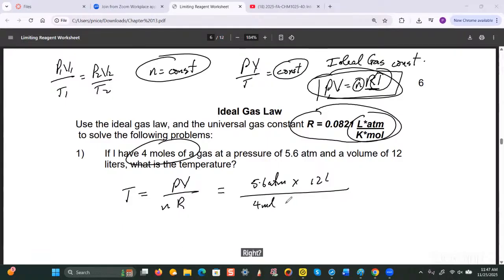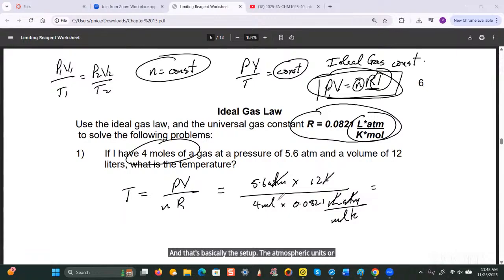Times R, as I said before, R is always going to be 0.0821 liters atmospheres over mole Kelvin. And that's basically the setup. The atmosphere units will cancel out, the liters units will cancel out, the mole units will cancel out. So the final units you'll be left with here would be Kelvin.